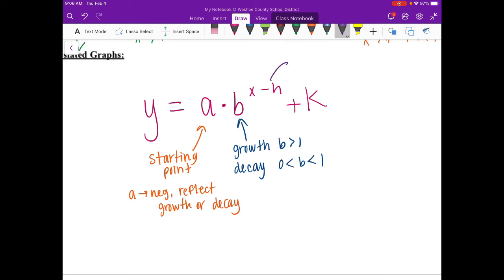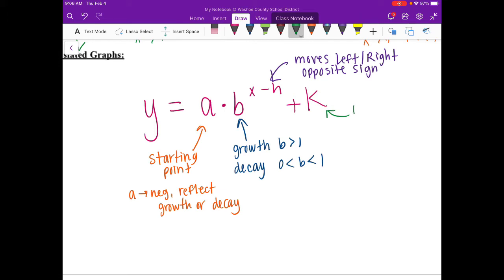Then new parts here, we have our H value. Our H value moves the graph left or right. And just like it's been in the past, it's always the opposite sign. So if it's a negative, I'm actually moving to the right. If it's a positive, I'm moving to the left.